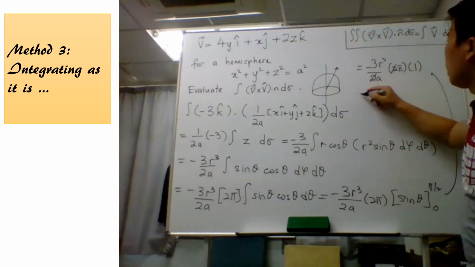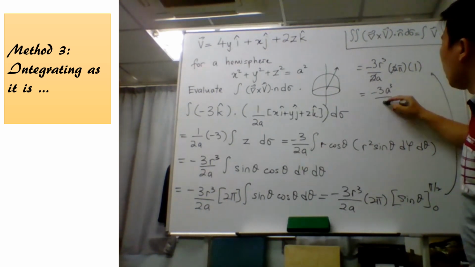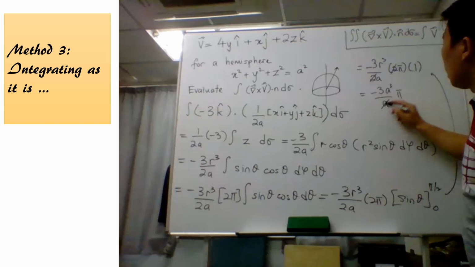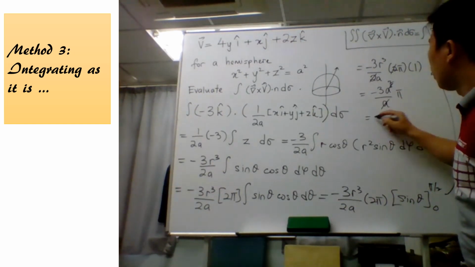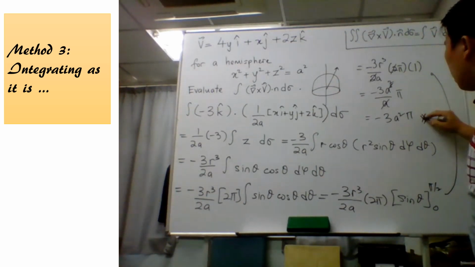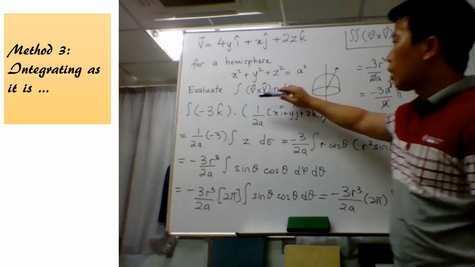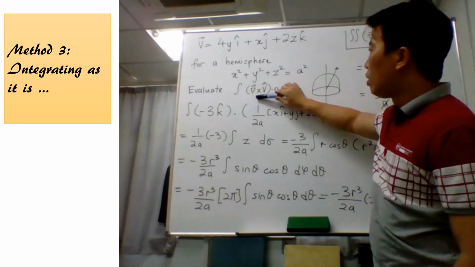So I can replace r with a, and this will cancel, so I have minus 3a squared pi. So here, this is the answer for method 3, where you integrate this expression as it is, but your n is different.